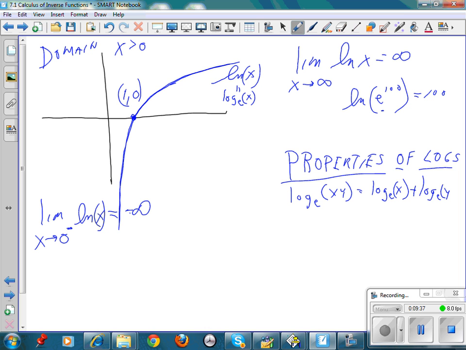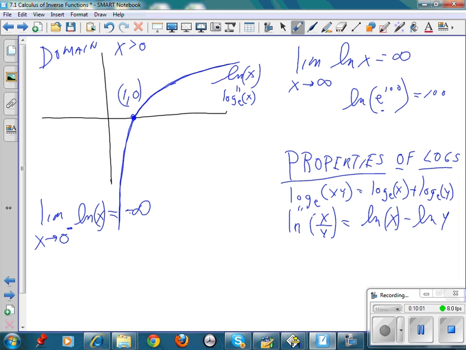And you've seen this before. The natural log, the ln, these are the same thing, right, of x divided by y is equal to the natural log of x minus the natural log of y.